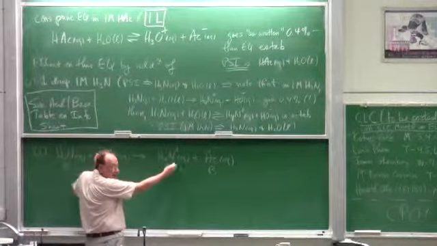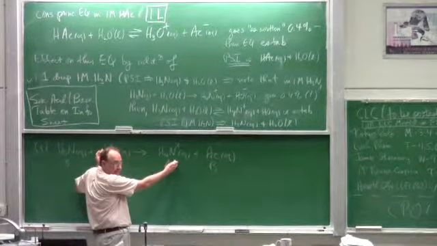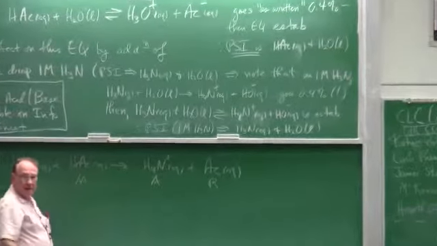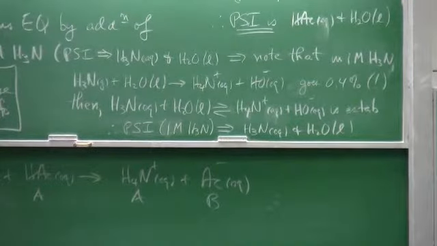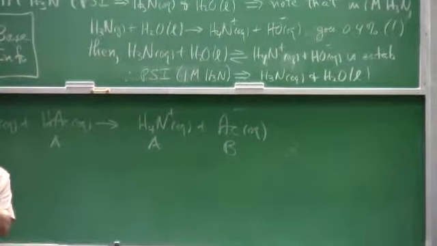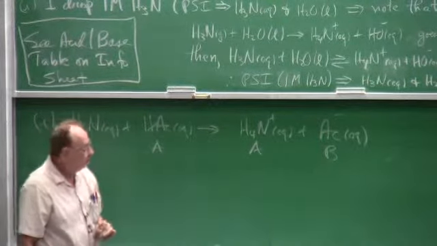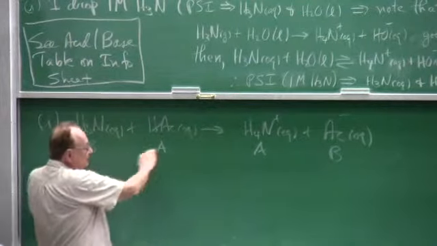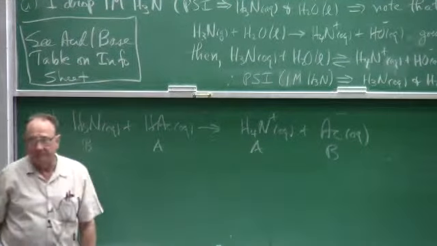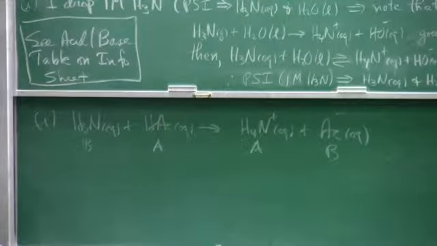You see these two acids in the acid column? Also, take a look at the base column. You don't have to move your eye very far, and look at ammonia in the base column compared to acetate ion in the base column. Are you doing that?